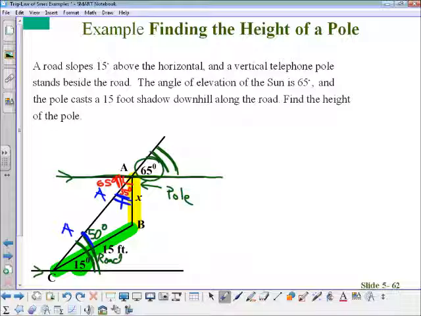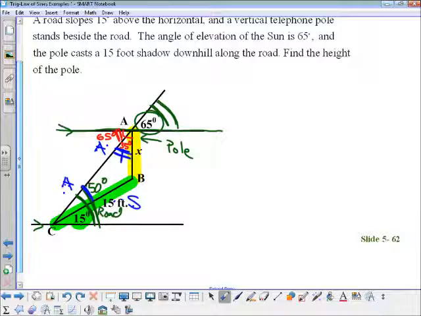Yeah, that's the length of the shadow. Okay, that is a side. So notice we have angle, angle, side, or you could say side, angle, angle, whichever way you're looking at it. We got two angles and a side.